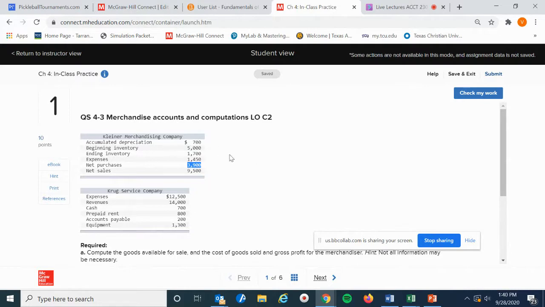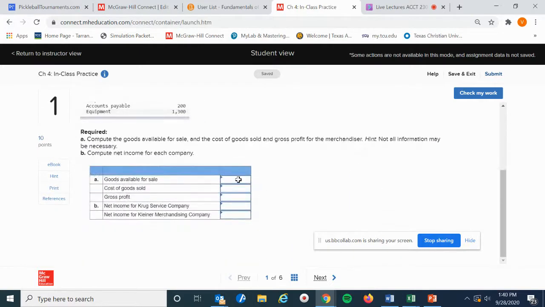We start with what came from the previous month, the beginning inventory balance of $5,000, and add the net purchases of $3,900. So the cost of goods available for sale would be $8,900.